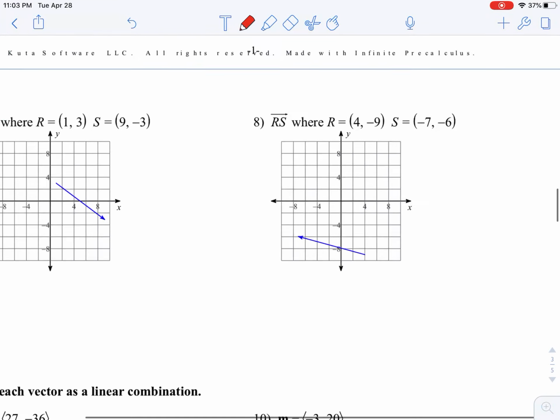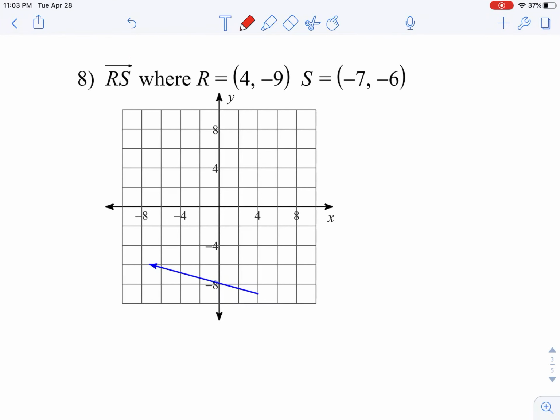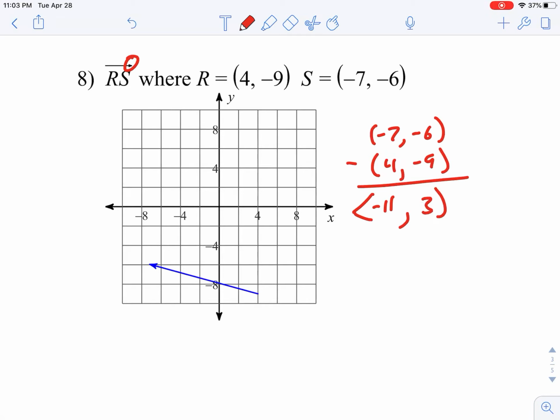All right, number 8. RS, S is the terminal side. Let's find the component vector. So negative 7, negative 6, minus 4, negative 9. Make that parentheses. Negative 7 minus 4 is negative 11. Negative 6 minus minus 9 is plus, so that's 3.